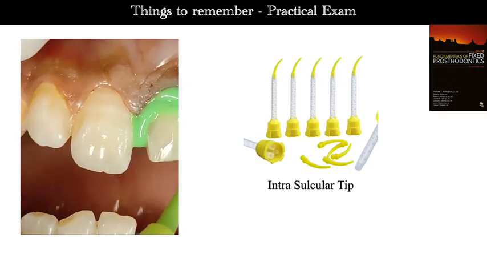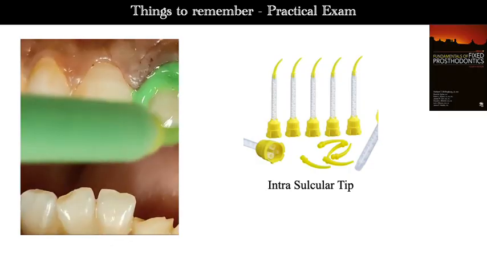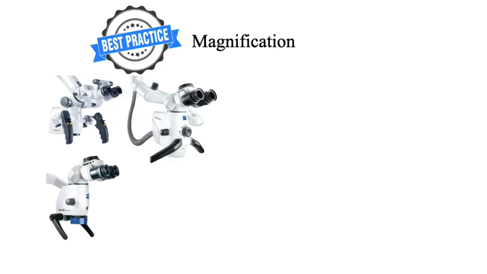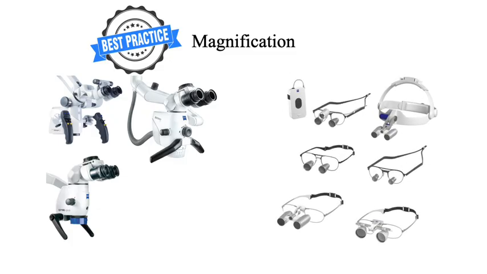This is very important. Only then can you record the finish margin. And more importantly, all the above-mentioned procedure should be done under magnification. If you have access to a microscope, please do it under the microscope. If you don't, at bare minimum, make sure you use loupes.